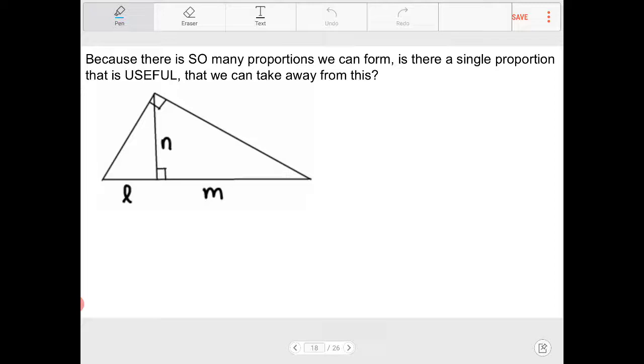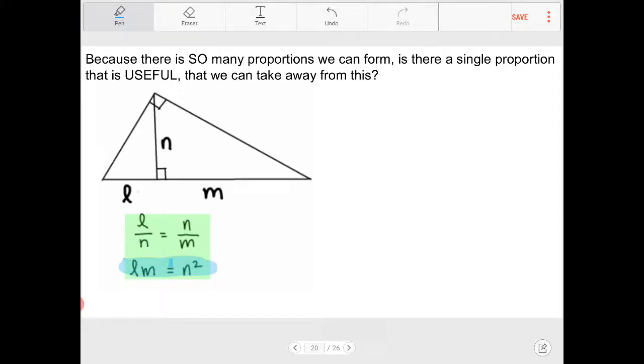if you have a right triangle and you draw an altitude from the right angle down to the hypotenuse, the very act of doing that partitions the hypotenuse into two segments, which I'm going to call L and M. As it turns out, based on the proportions that we set up a moment ago, we can then conclude that L over N is equal to N over M. And this right here leads us to this equation.